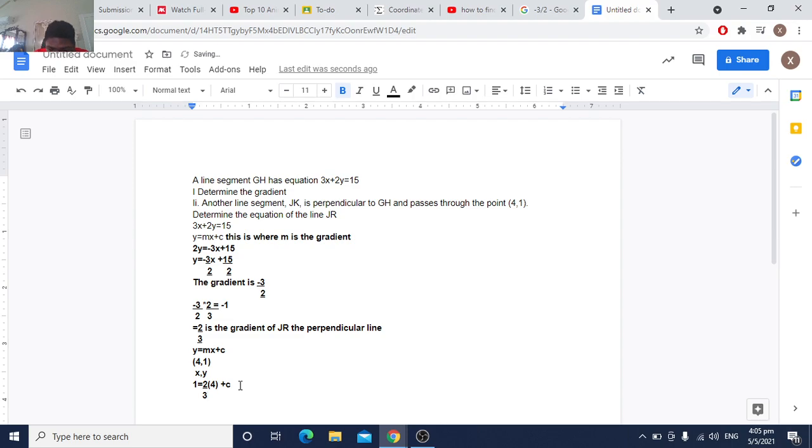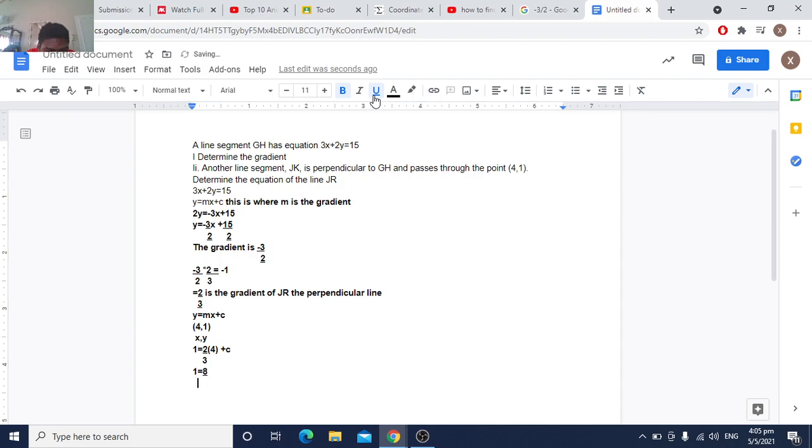So now 1 is equal to 2 times 4, 8, so 8/3 plus c.